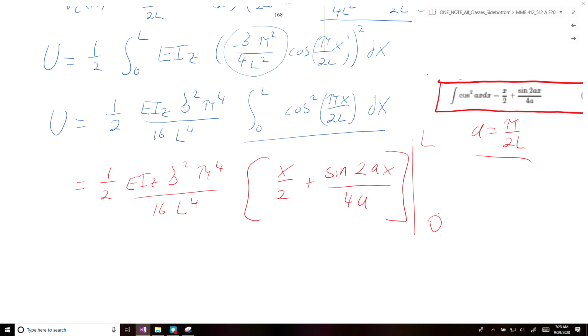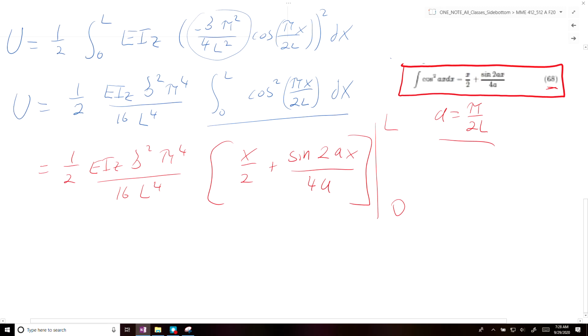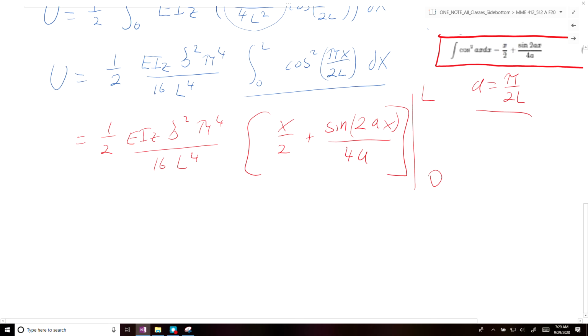If we plug in our values of a here, our a's will actually cancel out in this, well, no, sorry, they will not cancel out. So let's plug in our value for a here.